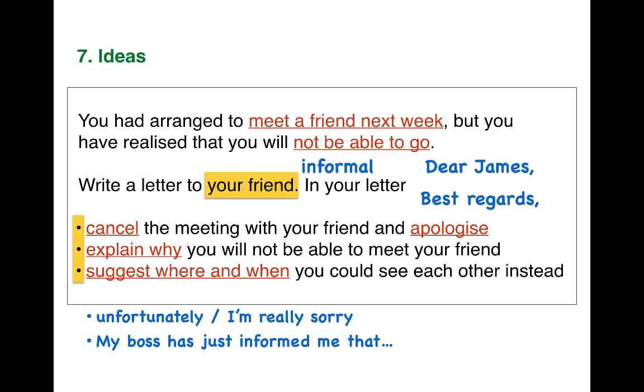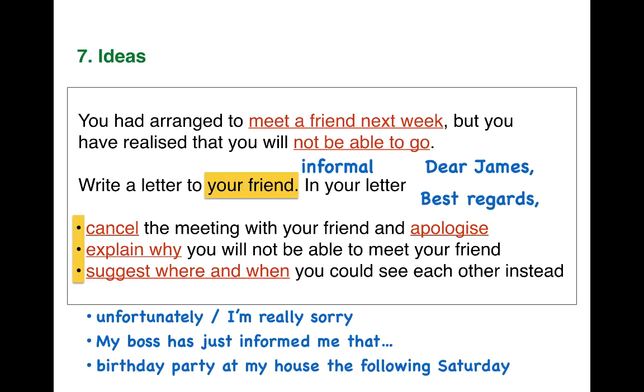Something my boss is making me do means that I can't go to this meeting with the friend. And the last bullet point, where and when you could see each other instead, I'm going to say I'm having a birthday party at my house and invent a day when it's going to be, for example, the following Saturday. Now you'll see me put all of that plan together and write the full letter.